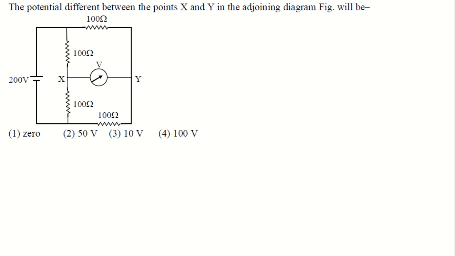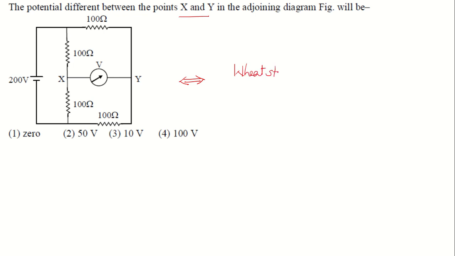The potential difference between the points x and y in the adjoining figure will be. So look at the figure carefully. If you just look at that, yes, that is a very important concept. With respect to that cell, if you go through it, it is nothing but our Wheatstone bridge.